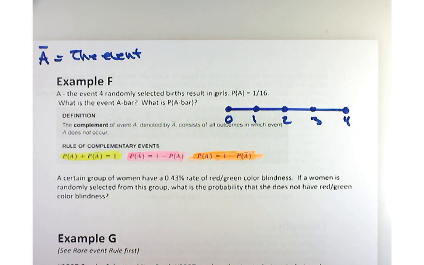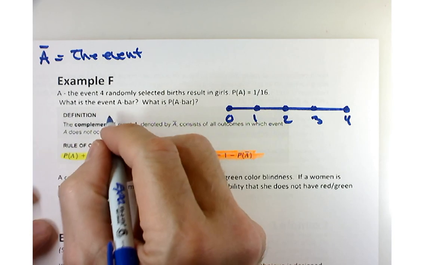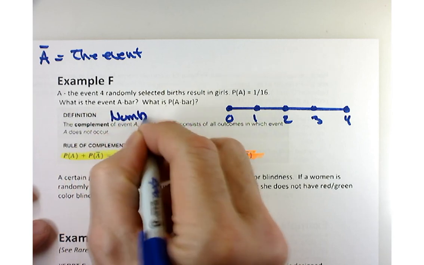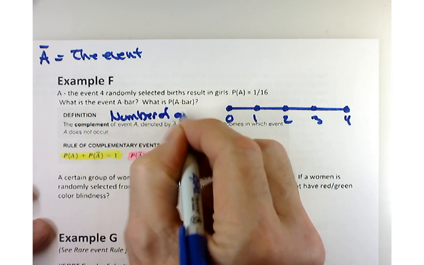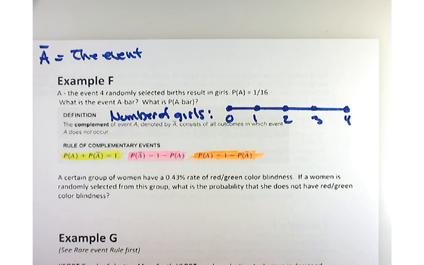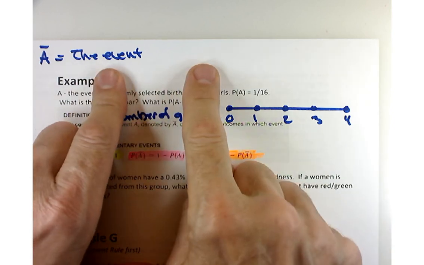A is the original. If it adds up to one, then it has to be all the other chances to make it 100. All right. Does someone have a good definition of what the event A bar would mean?